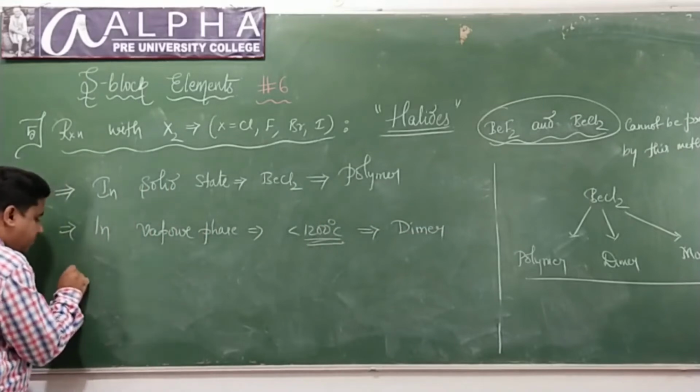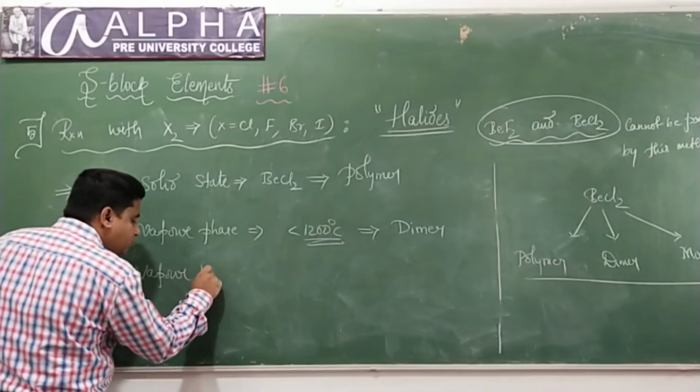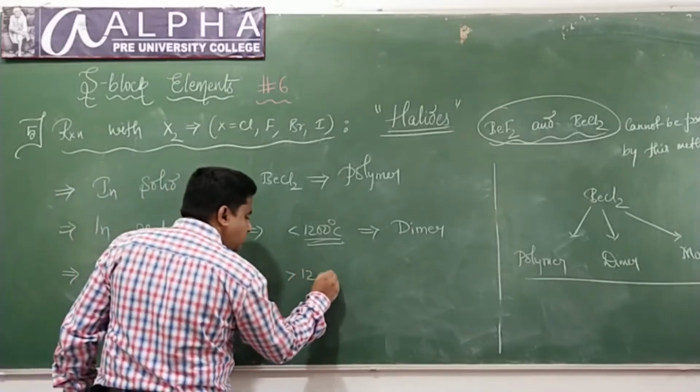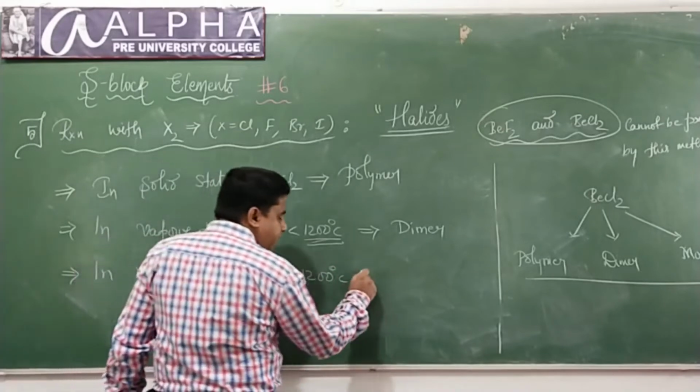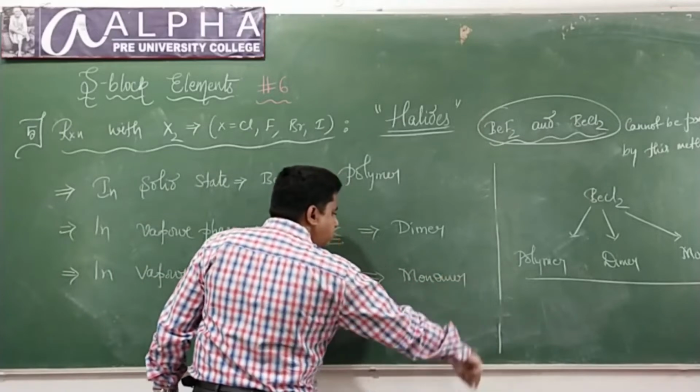Again, in the same vapor phase, if the temperature is greater than 1200 degrees centigrade, they exist in the form of what? Monomer. They exist in the form of monomer.